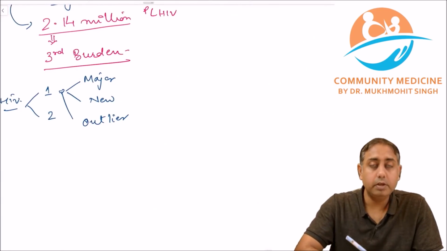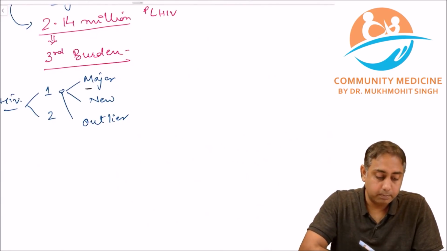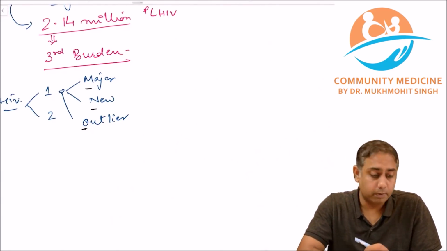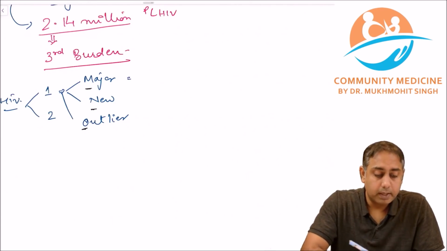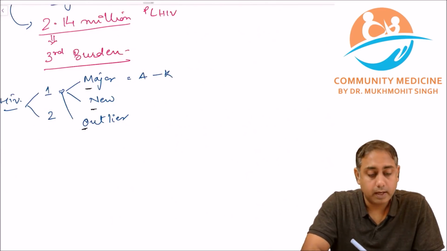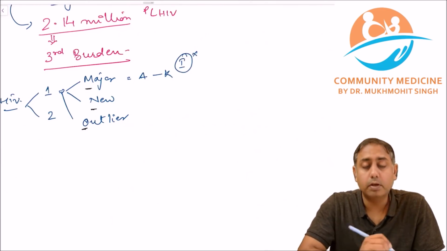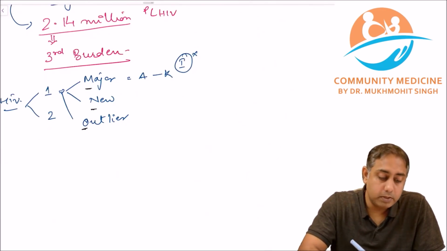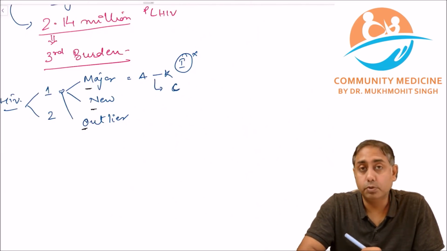The major group again has many subgroups ranging from A to K, excluding I. The I subgroup is not present. Out of these, the C subgroup is the most common.